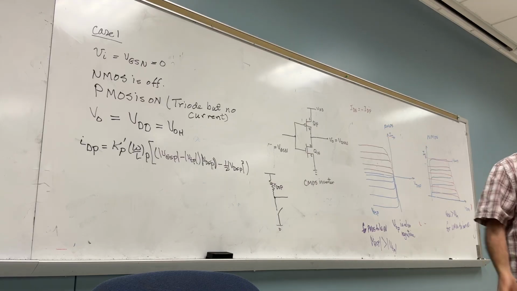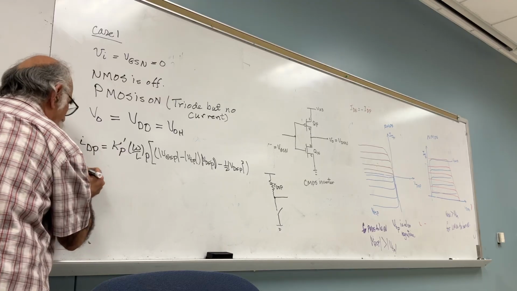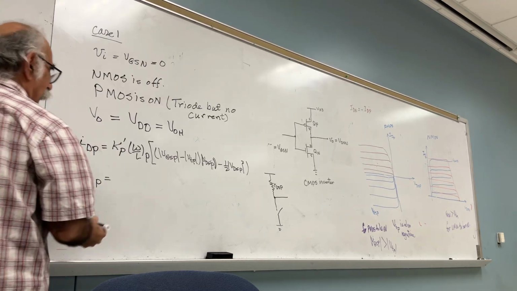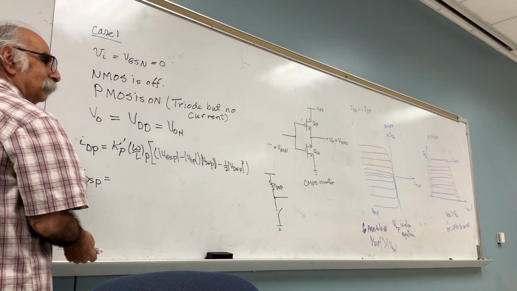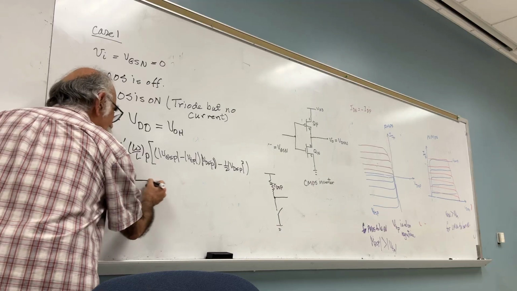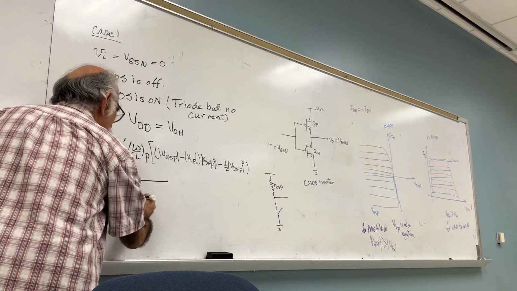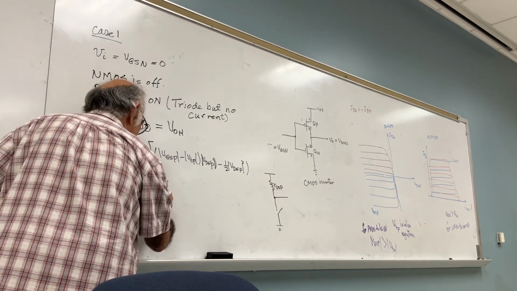So what is RDSP? RDSP, remember, is the inverse of the slope. So RDSP is equal to what? 1 over Kp prime W over L P times what?